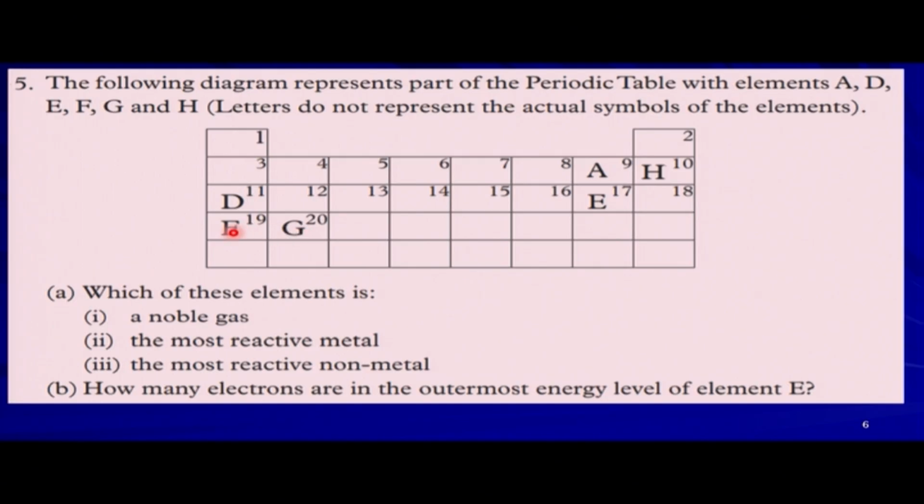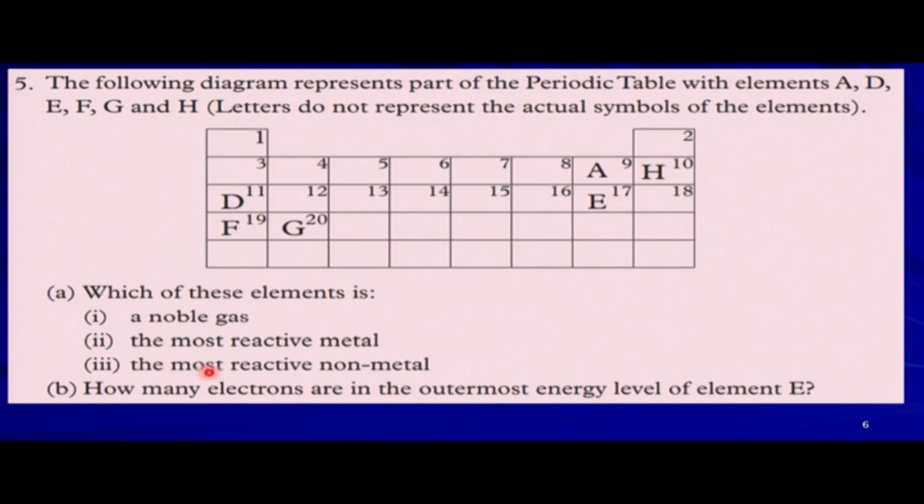It's an element F. So F is more reactive than G because reactivity decreases across the period. And F will also be more reactive than D because reactivity increases as you go down the group. So among the three, the most reactive metal is F.